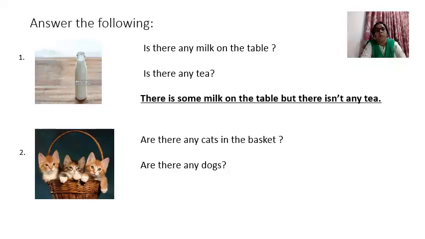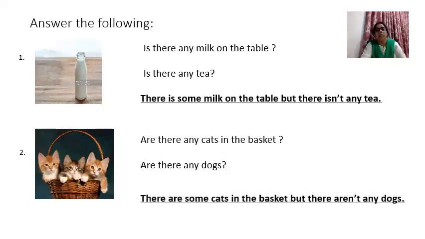Now, both the questions are asked by using the words are there. Are there is used when you are asking about something that is plural in number or more than one. In both the questions, cats and dogs are plural in number.